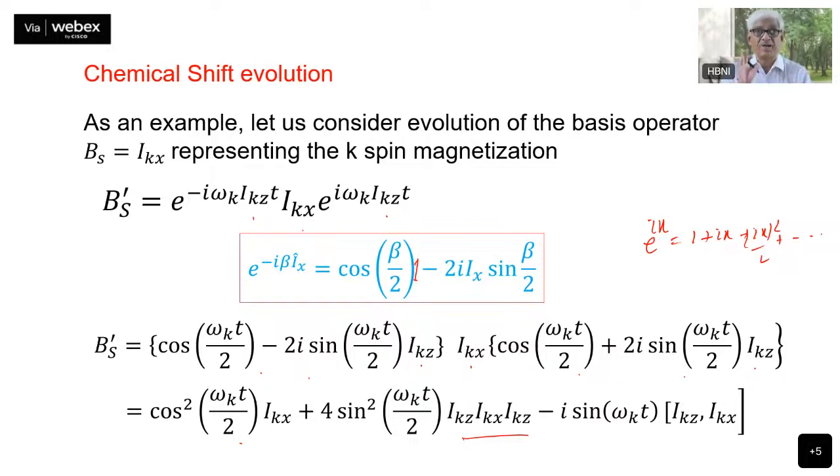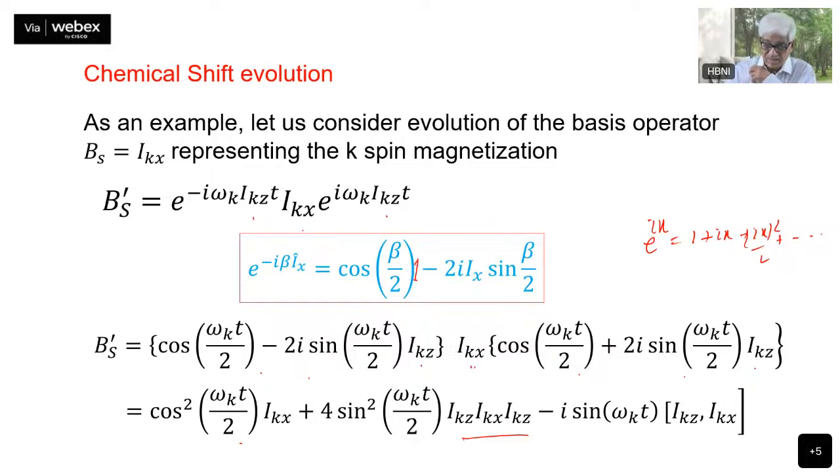Okay, and then I have minus i sine omega k t, so here is a commutator there. So how did I get this? There are two terms here, kz kx minus kx kz. Kz kx, and if you do the other way around, you have the kx kz. So we'll have two terms here. Minus 2 sine omega k t kz kx, this is the first one.